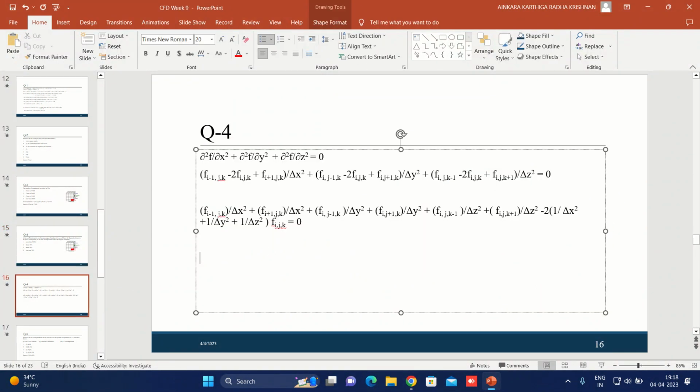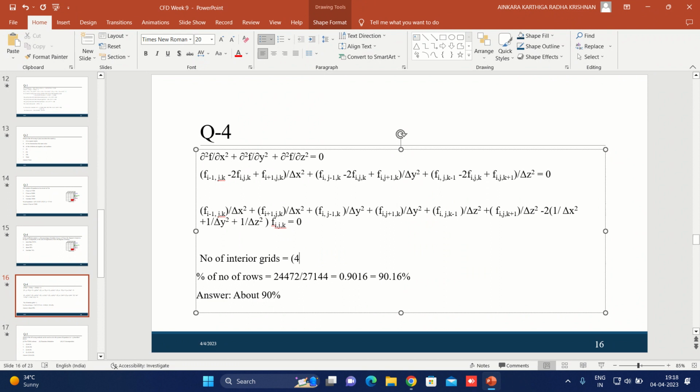That would be the case where we have the number of interior grids.